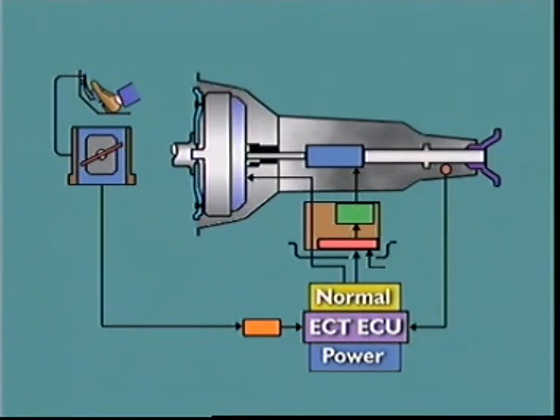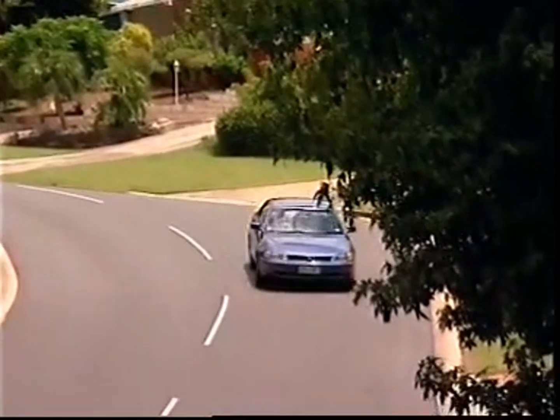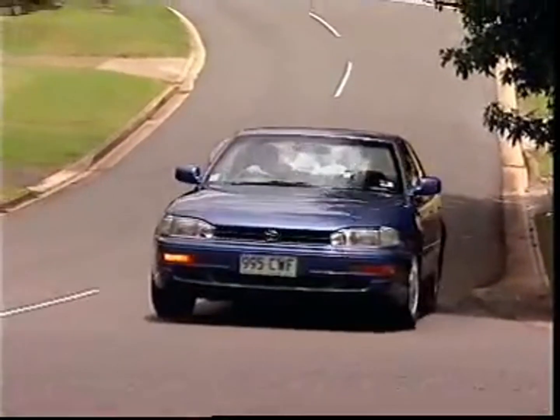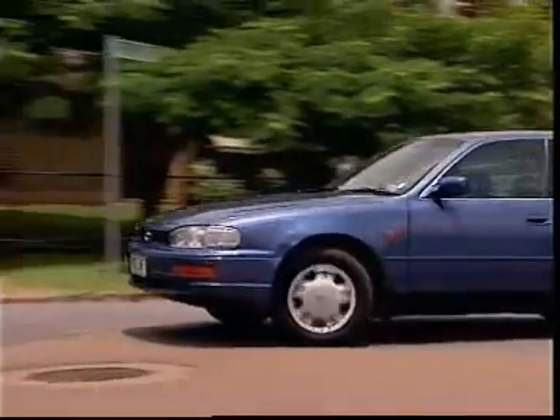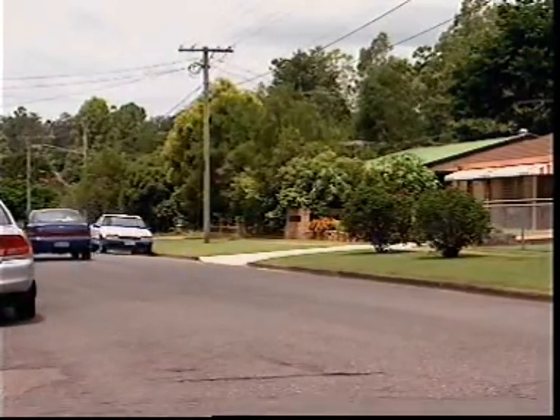The driver can select the driving pattern that best suits driving conditions. Normal mode is a shift pattern for city, suburban, and highway driving. Gear changes are compatible with both low fuel consumption and good accelerating performance.